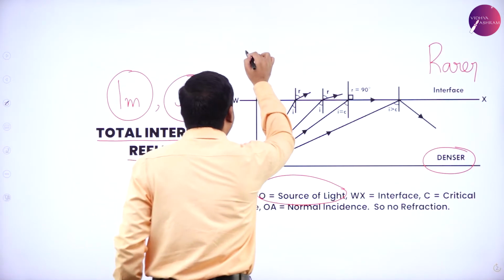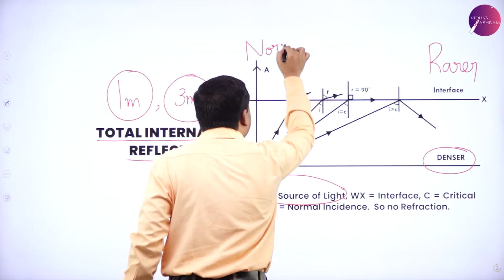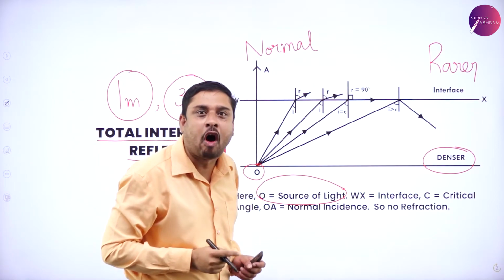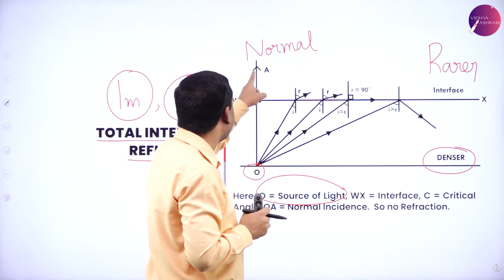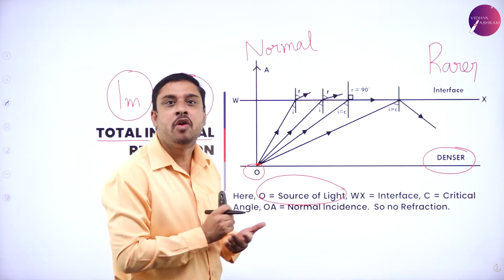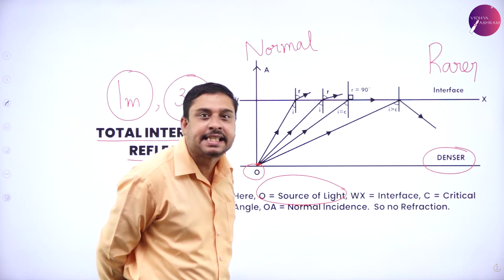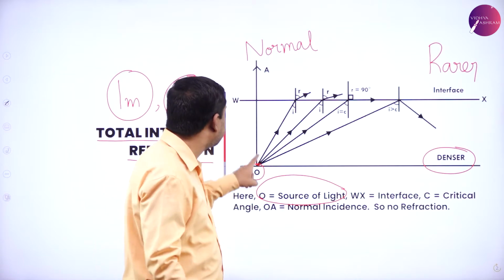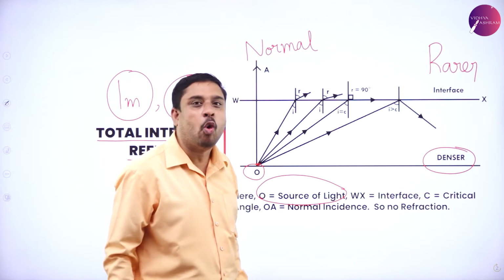What is OA, students? It is nothing but the normal that is drawn to the surface. So OA is the normal that is drawn to the surface. So a ray of light travels along OA.